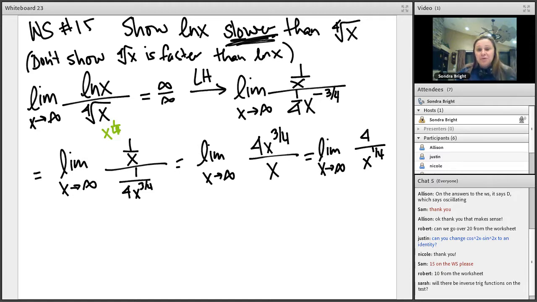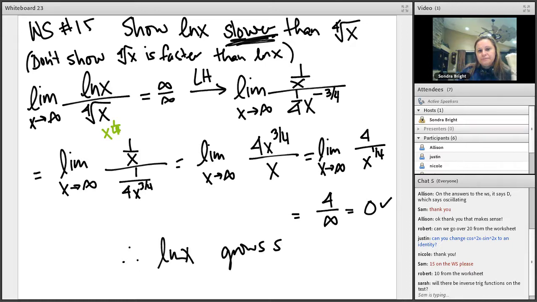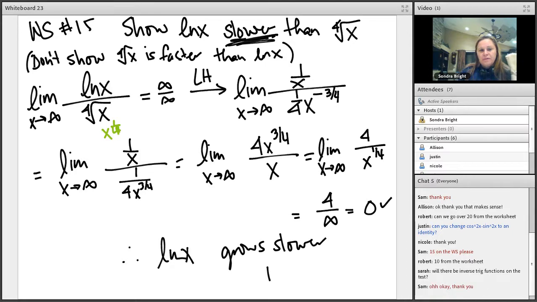Now when you plug in infinity, it's very obvious that it's a 4 over infinity, which is 0. That's what you need to do to show that it's slower. Therefore, natural log of x grows slower than the 4th root of x.